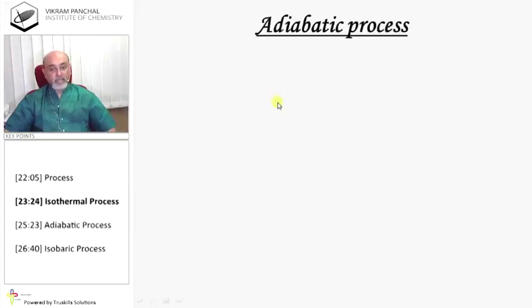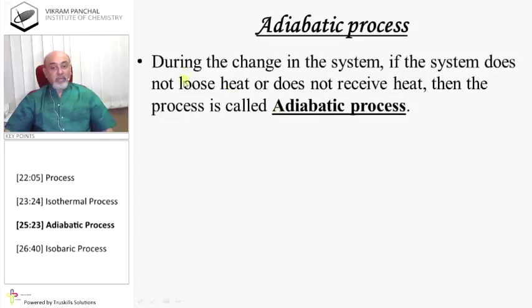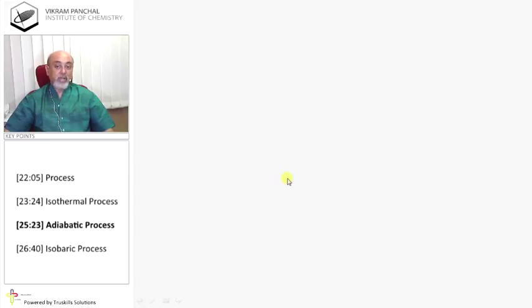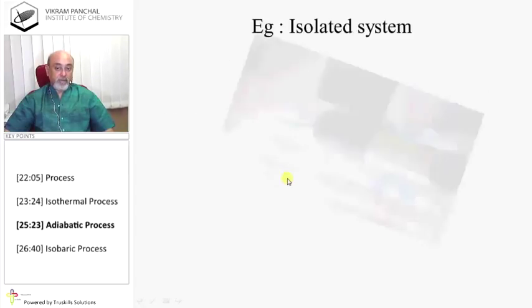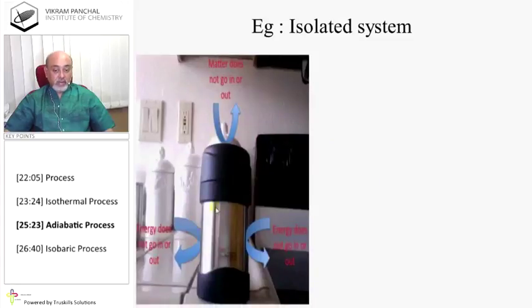Adiabatic process. During the change in the system, if the system does not lose heat or does not receive heat, then the process is called an adiabatic process. That means an isolated system, like the energy inside a thermos remaining constant.